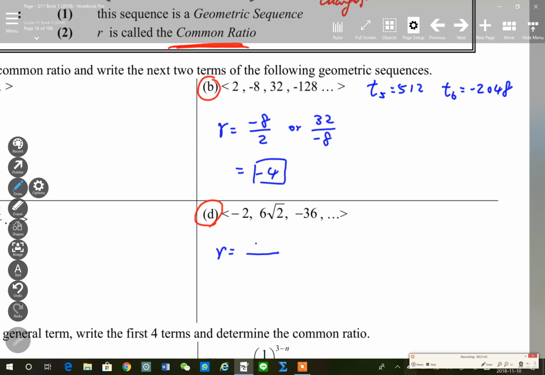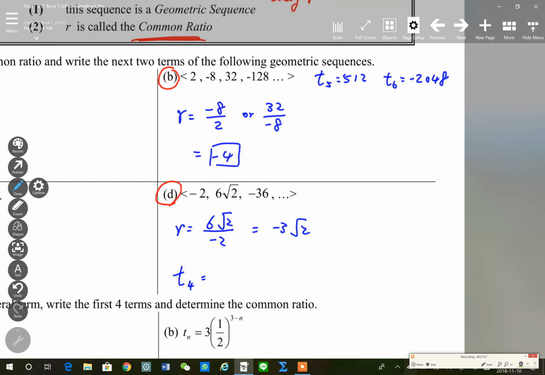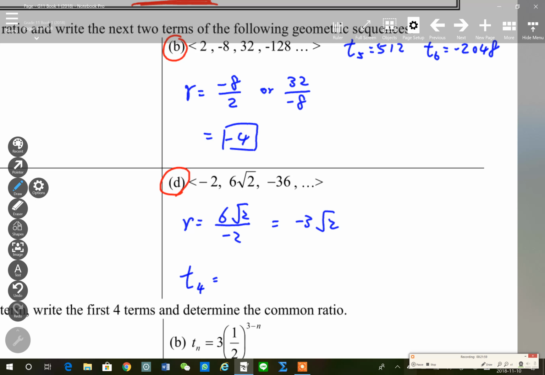Which one over which one? -3√2. Okay, let's get the T. What's T4? 72. Okay, let other people do it. T4, and then T5.